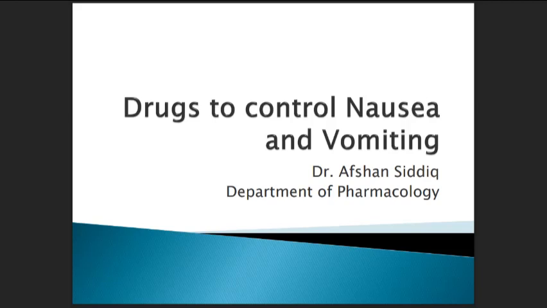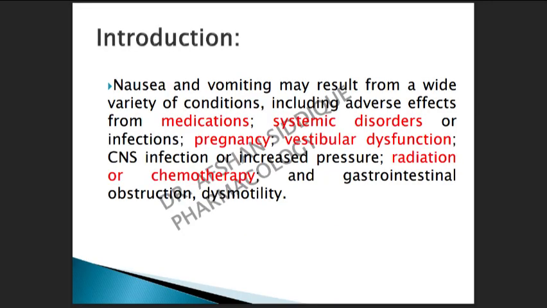I was starting with the introduction that nausea and vomiting may result from a wide variety of conditions, including adverse effects from medications, systemic disorders or infections, pregnancy, vestibular dysfunction, CNS infection or increased pressure, radiation, chemotherapy, gastrointestinal obstruction, and dysmotility.